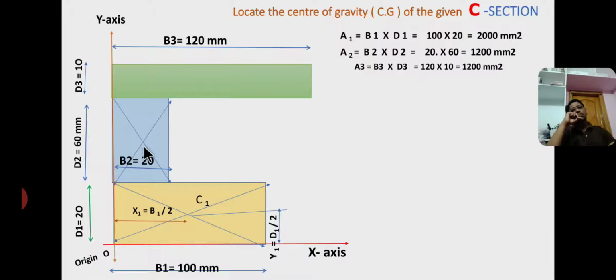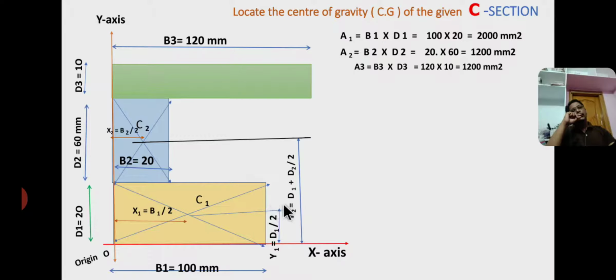So these are the diagonals for a second rectangle, and the intersecting point is called centroid C2 at a distance of x2 from here to here. X2 from the y-axis is half of the base, that is base 2 by 2, and y2 from the x-axis.